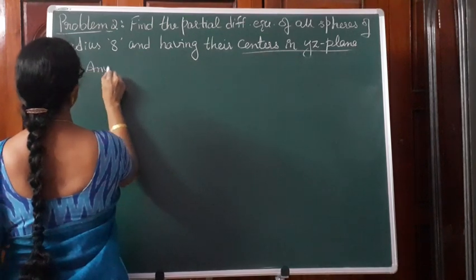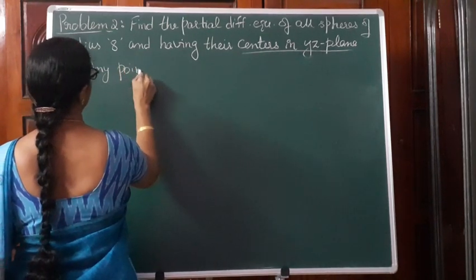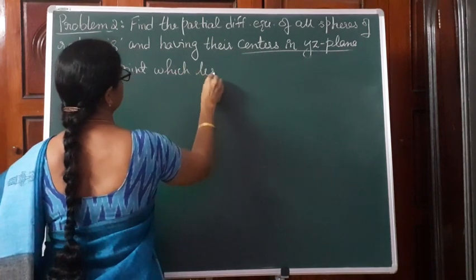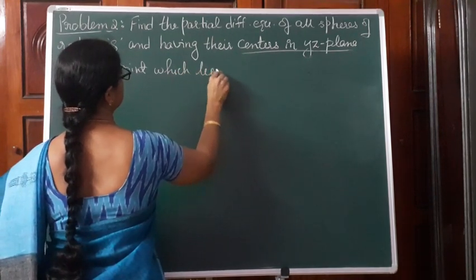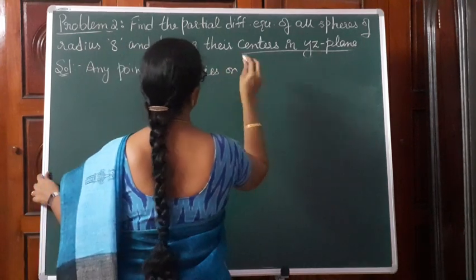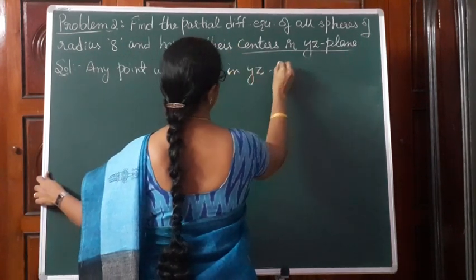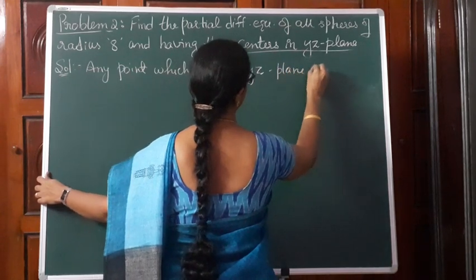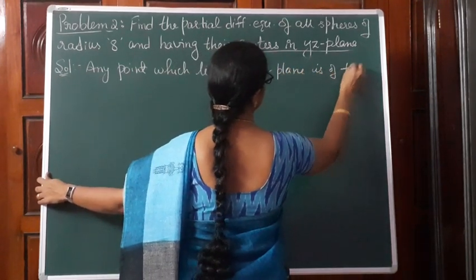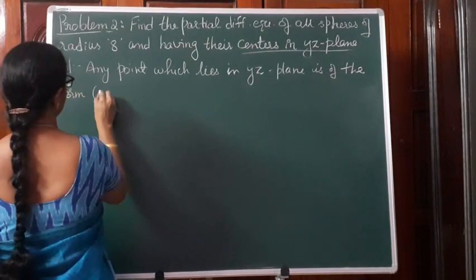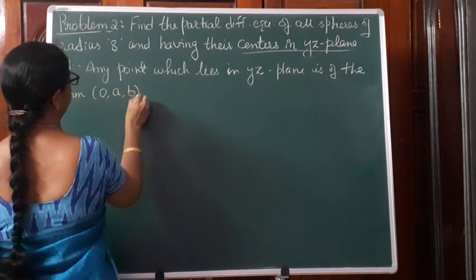Any point which lies on the yz plane is of the form 0, a, b.